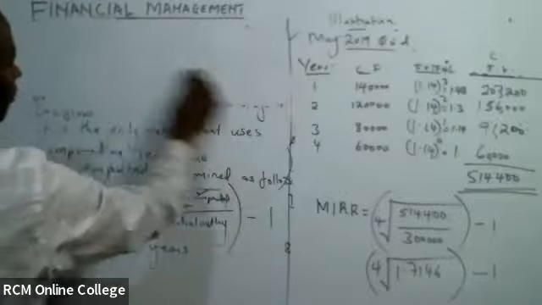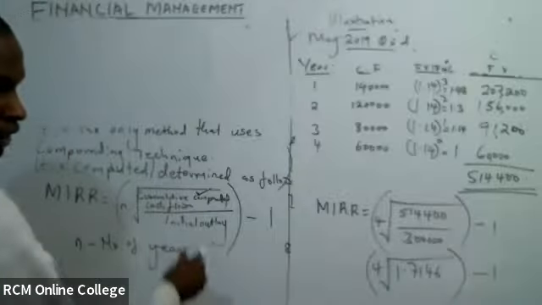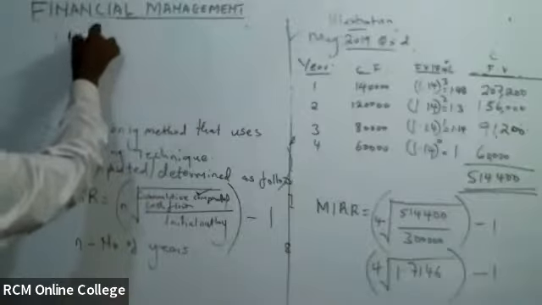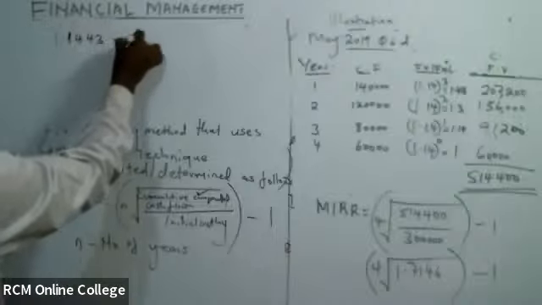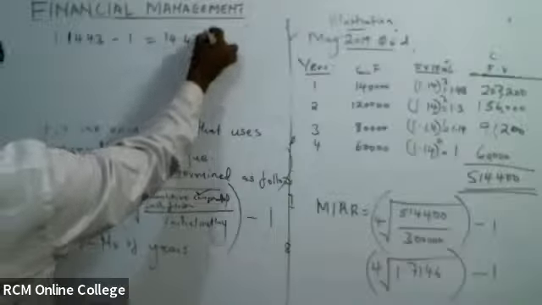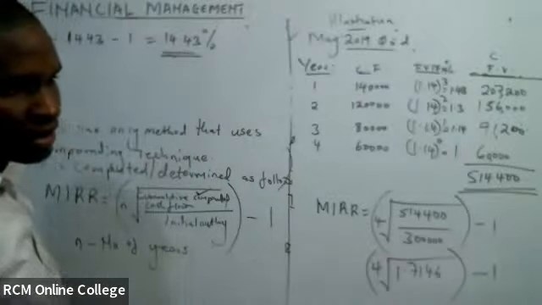Fourth root ya hiyo ni ngapi? 4 decimal places. 1.1443. 1.14, hiyo ndio fourth root. 1.1443 minus 1 itakuwa na 14.43%. My MIRR is that.